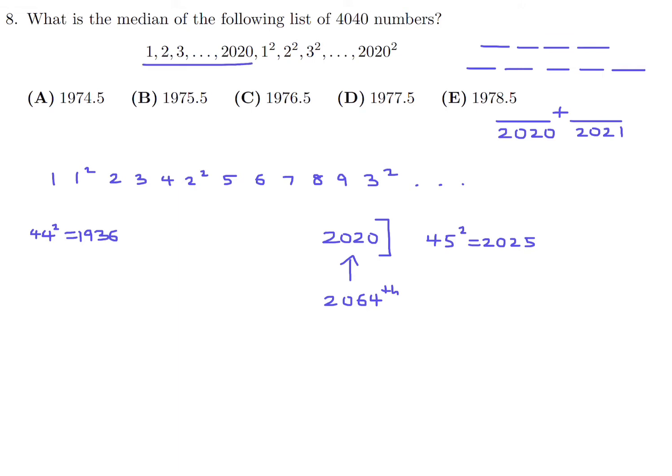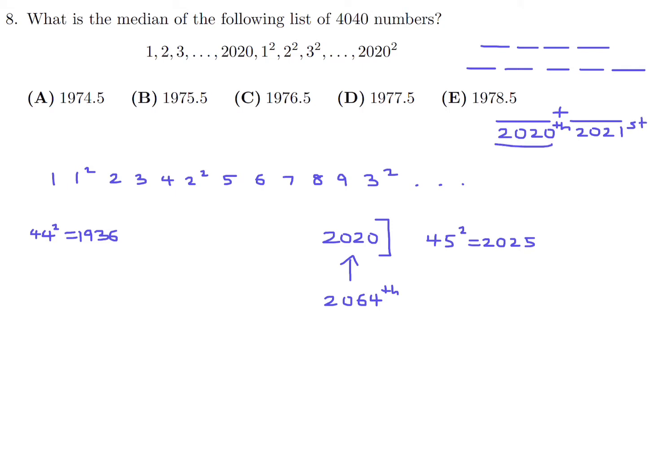These 2020, and then the 44 perfect squares that I had to place in chronological order. Okay, now that's great, but I don't want the 2064th number. I want the 2020th number. And then eventually I'll get the 2021st number. Well, it doesn't really matter.